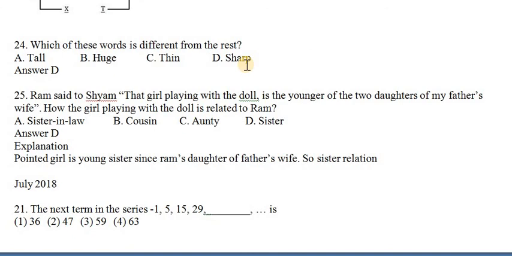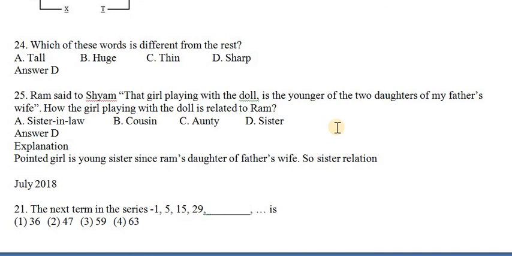And the next one is Ram said to Shyam, that girl playing with the doll is the younger of 2 daughters of my father's wife. Which means what? That father's wife is having 2 daughters. Now this is saying my father's wife. Which means Ram is the son of that father, and he has a wife, which means father's wife is nothing but Ram's mother.